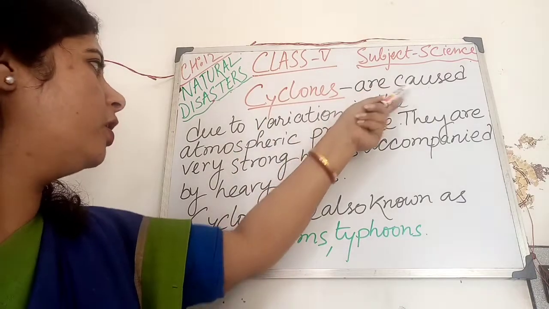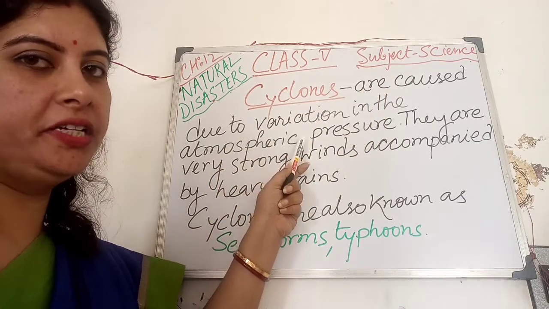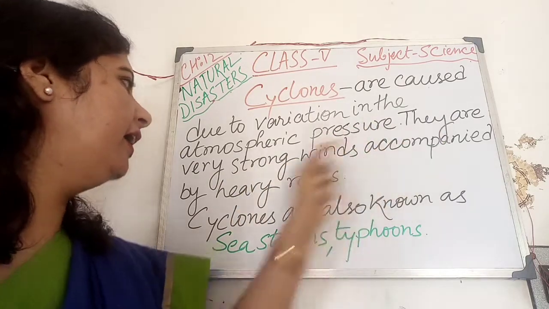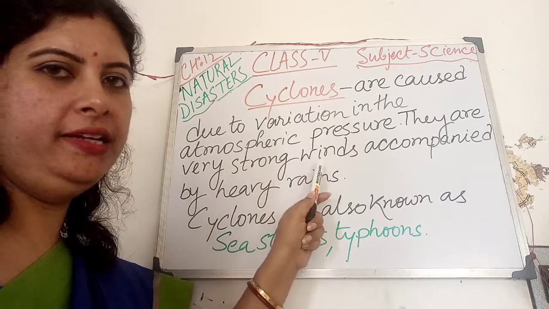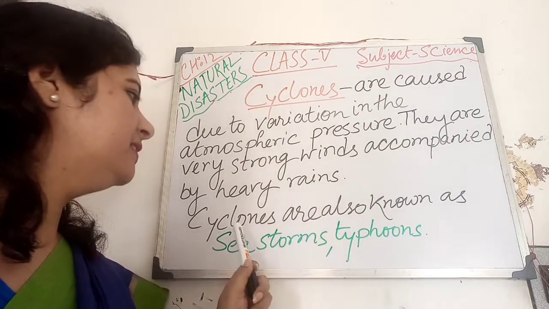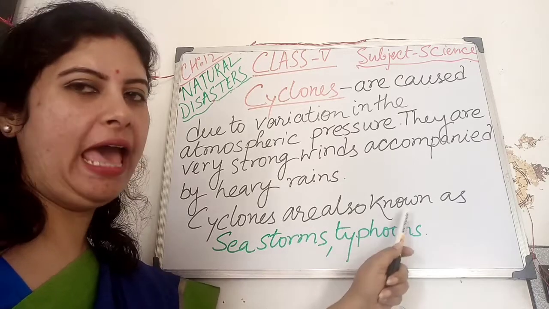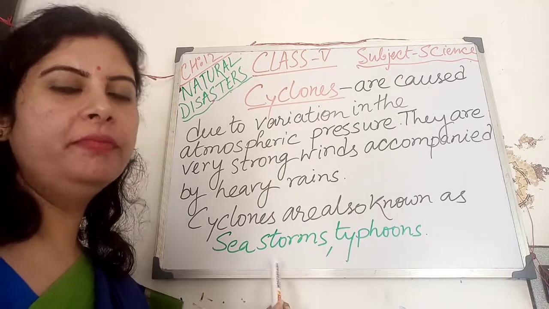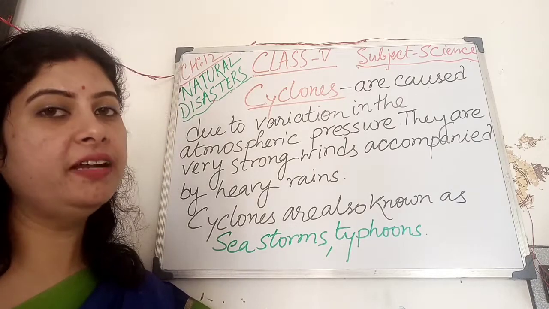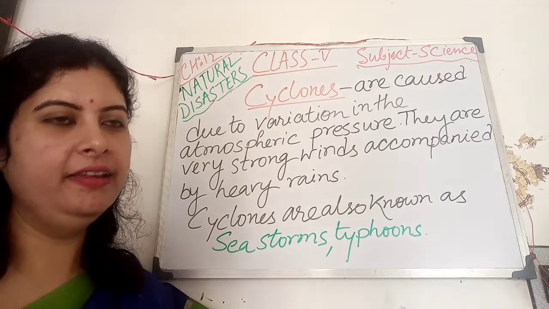Cyclones are caused due to variation in atmospheric pressure. They are very strong winds accompanied by heavy rains. Cyclones are also known as sea storms, typhoons, hurricanes, etc. Now, what precautions should be taken?